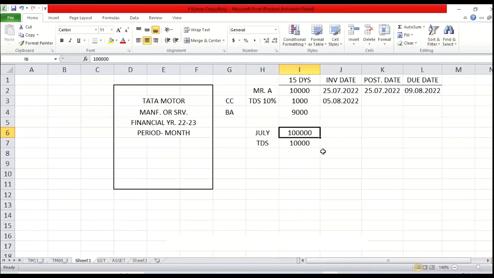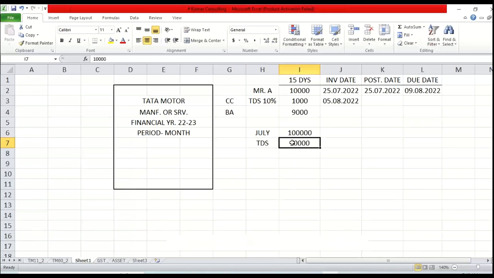Certain invoices worth 5,000, few invoices worth 2,000, maybe 6,000, maybe 10,000. Different invoices we have posted. So in total, in the July period, 1 lakh worth of invoices got posted, and the total TDS deducted is 10,000.